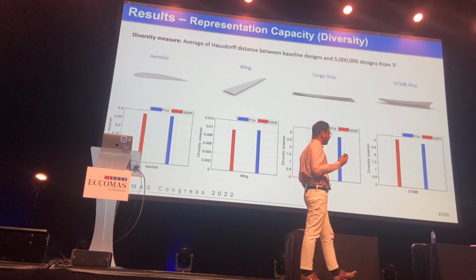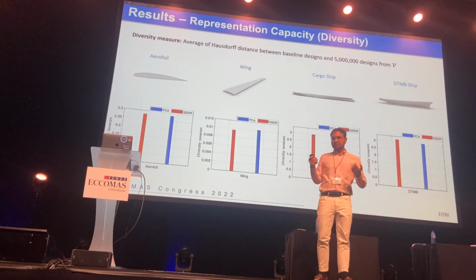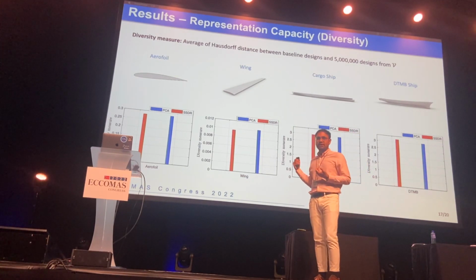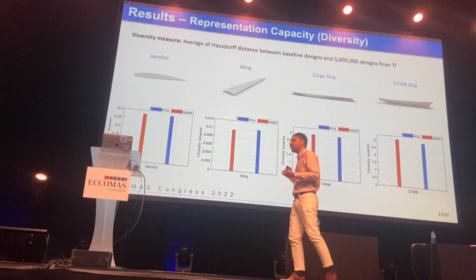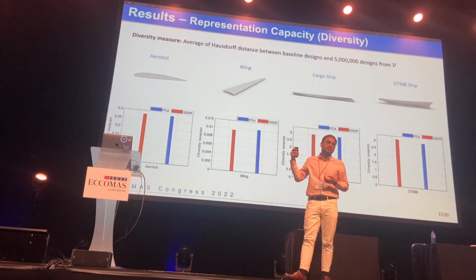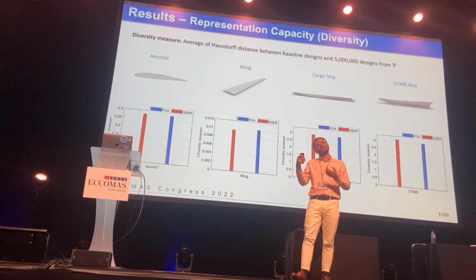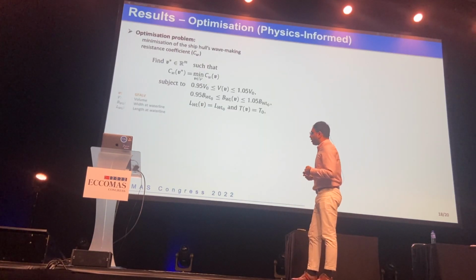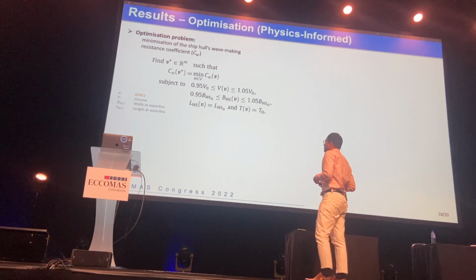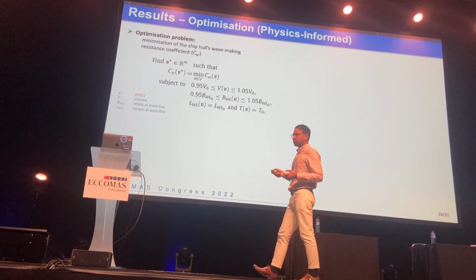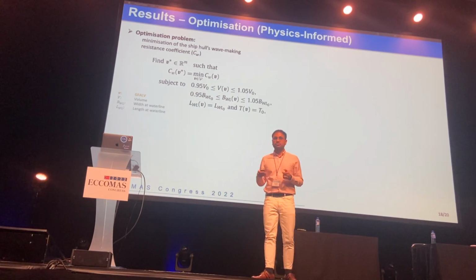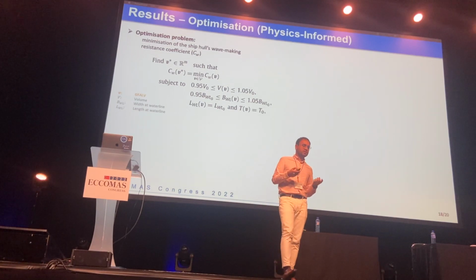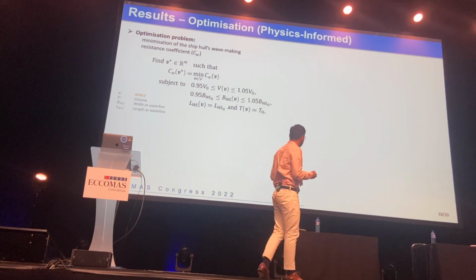But in terms of design diversity, they are the same. That's something really good, because we were expecting that if we exclude all the invalid designs, we would have less diversity within our design space. For optimization, we solve a very complicated optimization problem, which is to minimize the wave resistance coefficient with a set of different constraints.